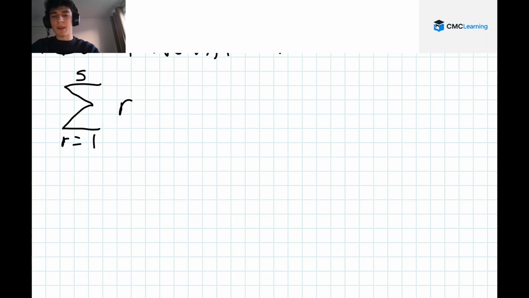So let's write this out explicitly, which is the best way to tackle all of these sigma notation problems, and let's see what we get. With r equal to 1, we have 1. The next term is when r is equal to 2, so we just have 2. We replace it in that sigma.